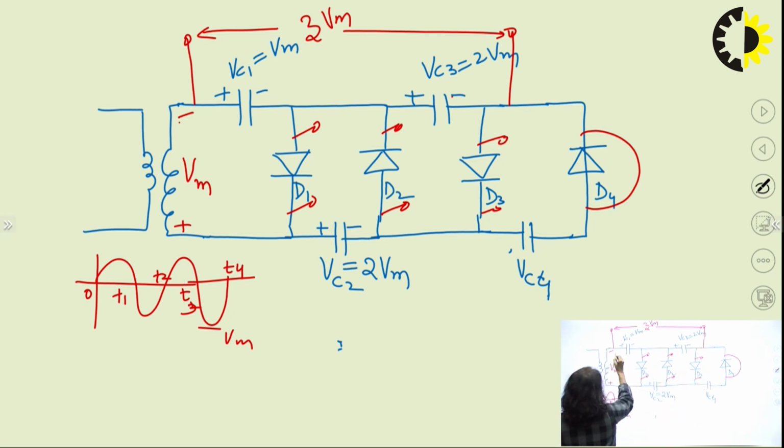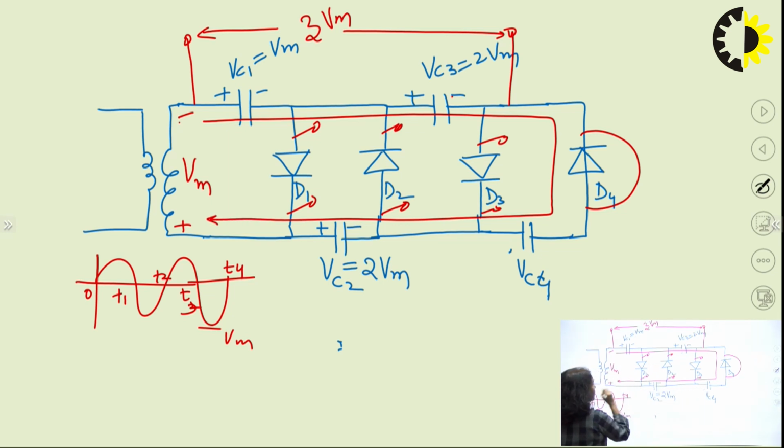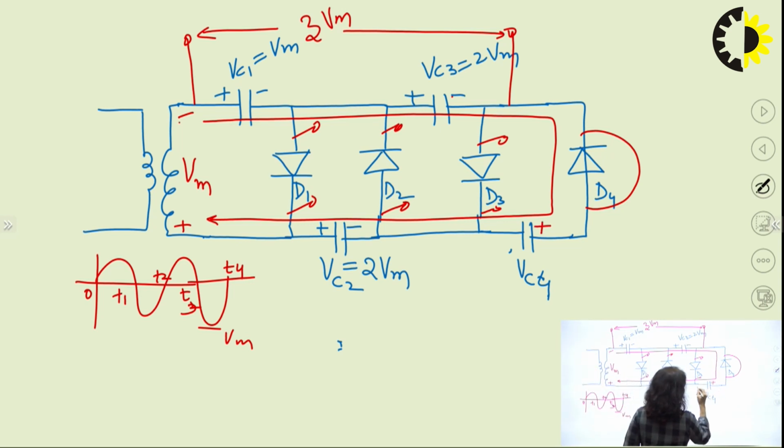So now the current will be flowing in the outer loop, the most outer loop. Due to this direction, initially I make this plate at the higher potential and this plate at the lower potential.